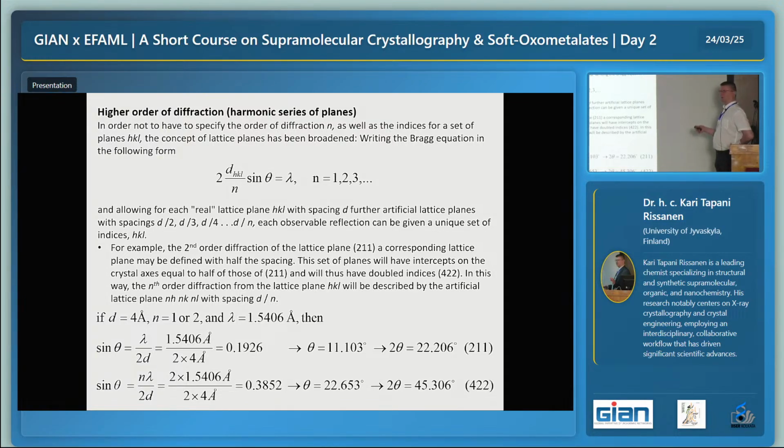This is a direct consequence of Bragg's law: if the distance of the entities or planes where the diffraction happens is known, we can calculate where it happens. What is the direction for this diffraction? But the other way around, if we know the angle, we can then calculate the d. That is the only essence of this. It's a very simple mathematical formulation.